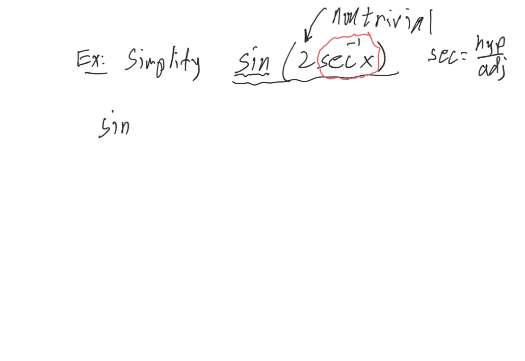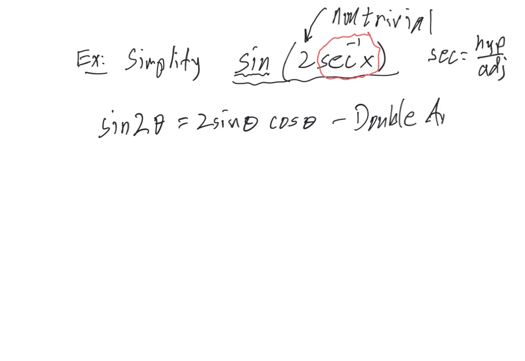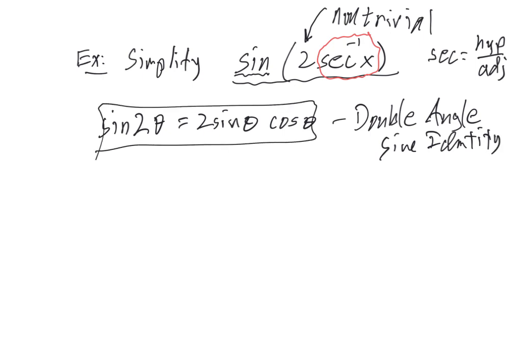The double angle identity for sine 2 theta is 2 sine theta cosine theta. That's true for all theta. And that's different, of course, than the cosine one was. But it's going to help us find a simplified version for this function.